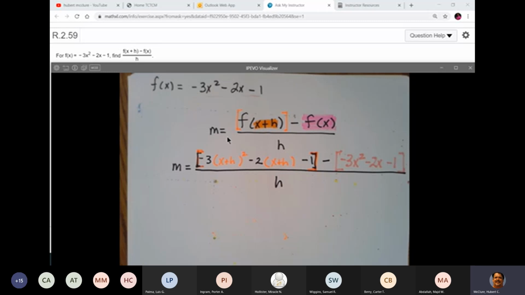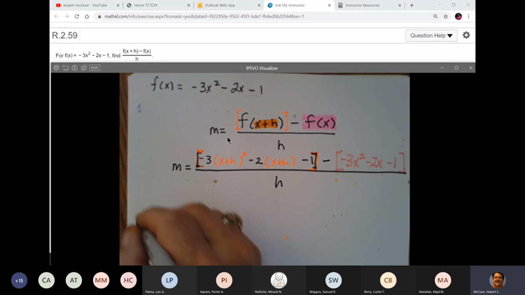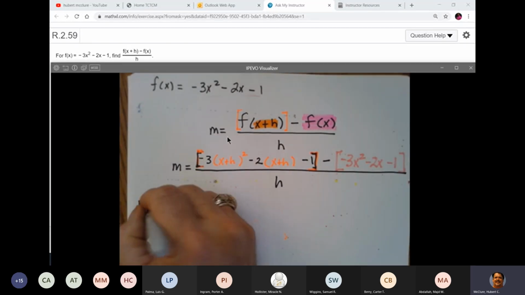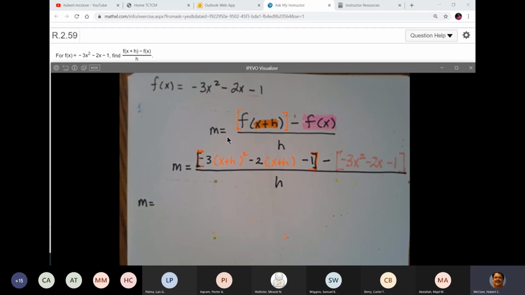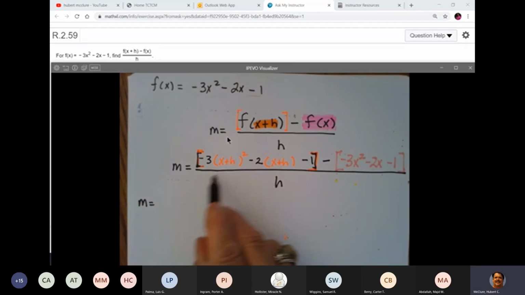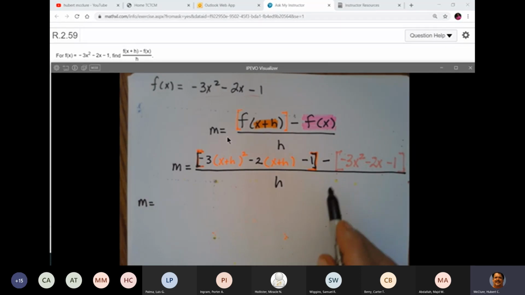Now, do the algebra. Remember me telling you if you suck at algebra, you're going to suck at calculus? This is the first part of Unit 1. What we are doing right now makes up a good part of Unit 1. So make sure you learn how to do this.